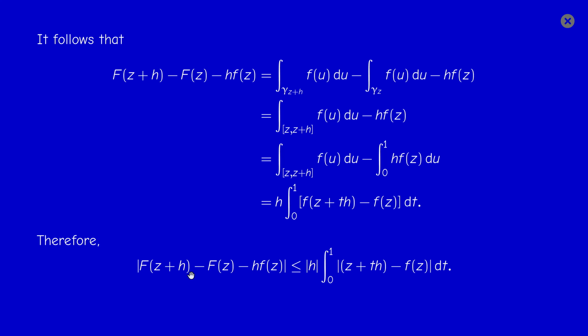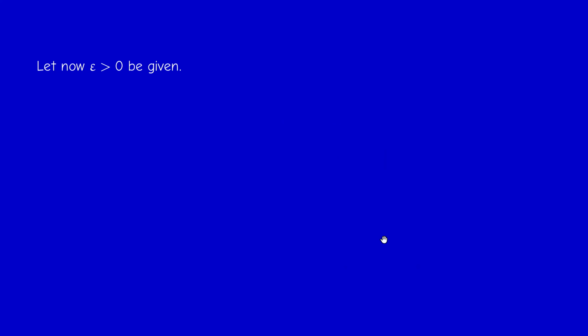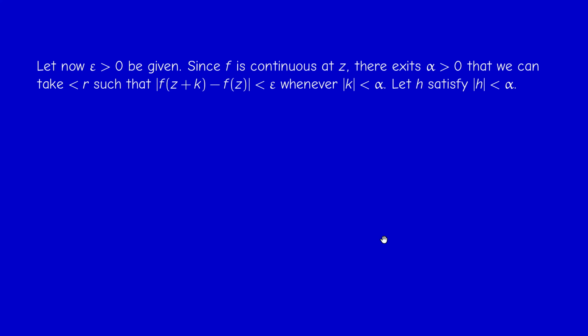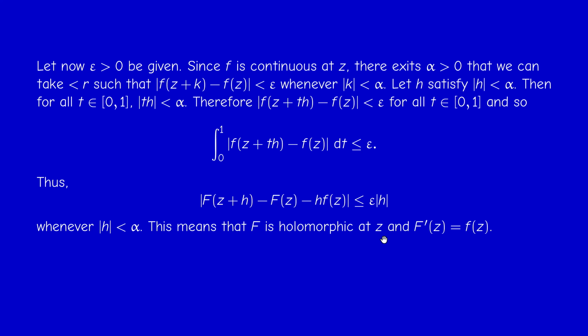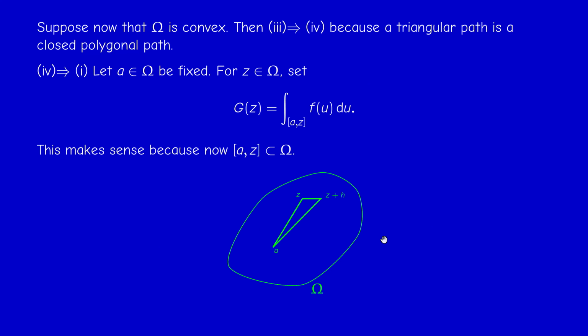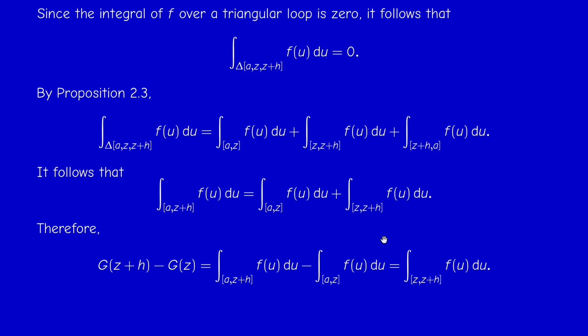It's the same thing, but instead of f, I have G here, and I have the same estimate. I use the continuity of f, and the same proof works. And that's it. Now the loop is completed. So 1, 2, 3, 4 are equivalent if omega is convex.